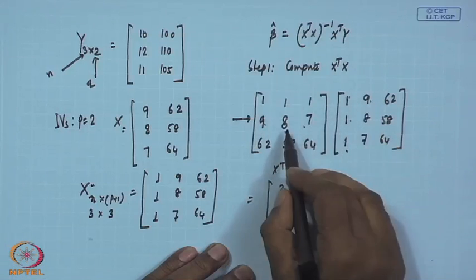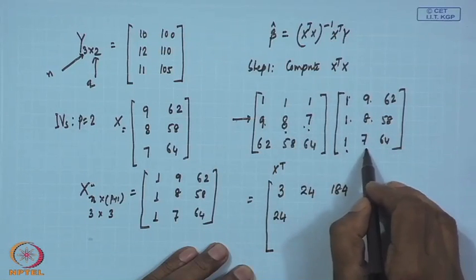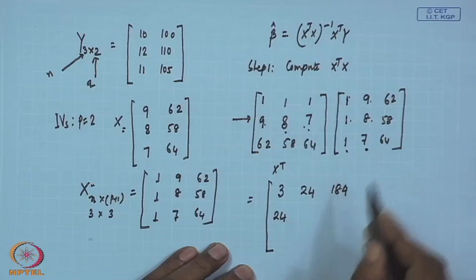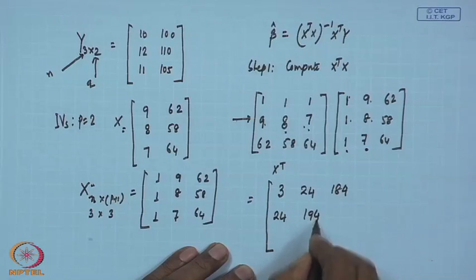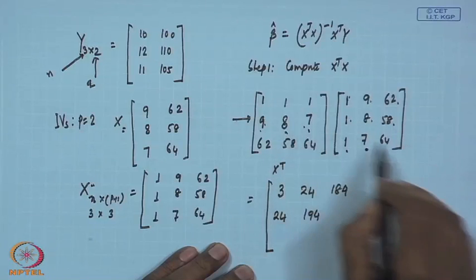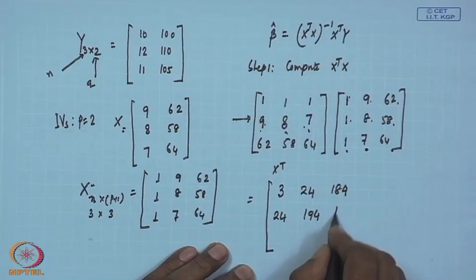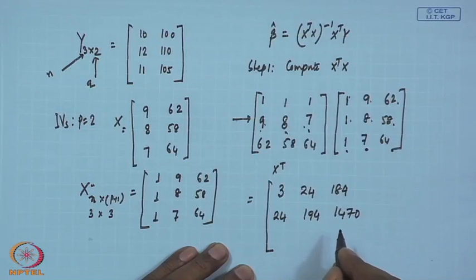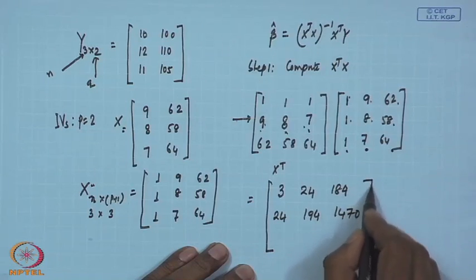Then 9 into 9 plus 8 into 8 plus 7 into 7, the square terms, so it will become 194. Then 9 into 62, 8 into 58 plus 7 into 64, this will become 1470.